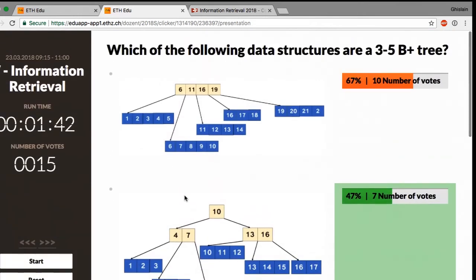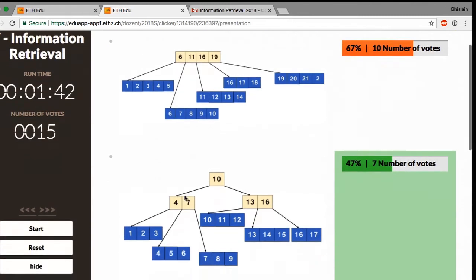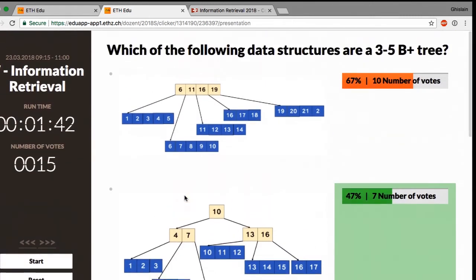Which other one do we have? Why is this one not a B plus tree? A 3, so it is a B plus tree, but it is not a 3,5 B plus tree. So why is it not a 3,5 B plus tree? Yes? We have too many entries in the first two leaves. Yes, but they have less than 5.